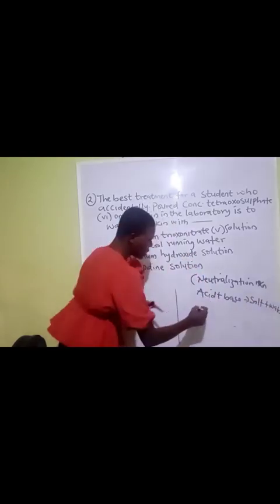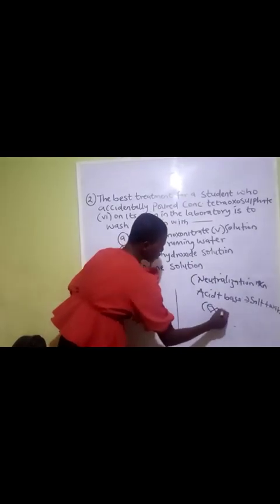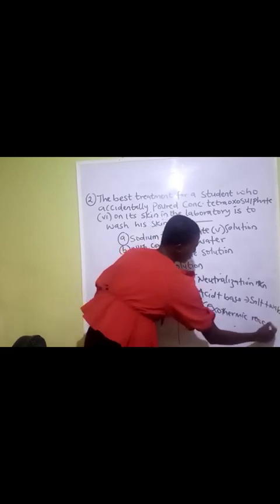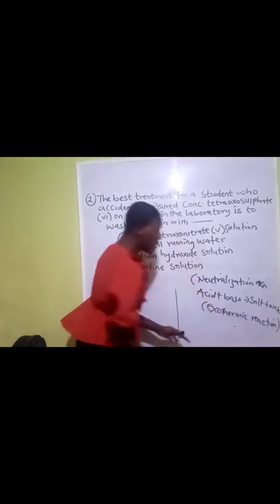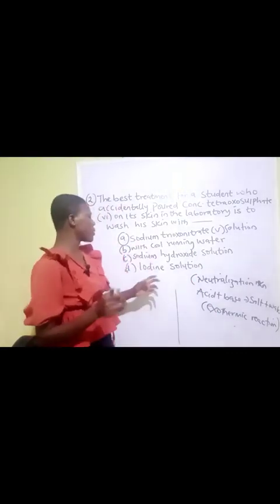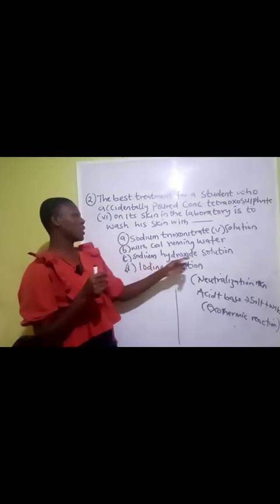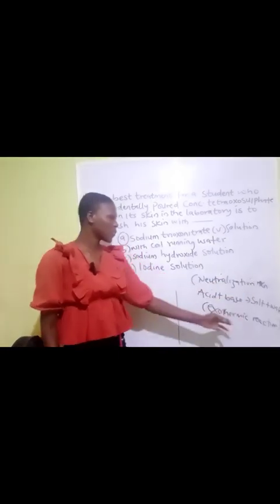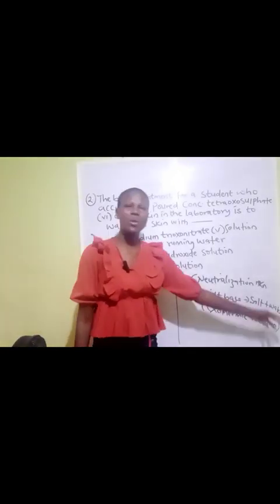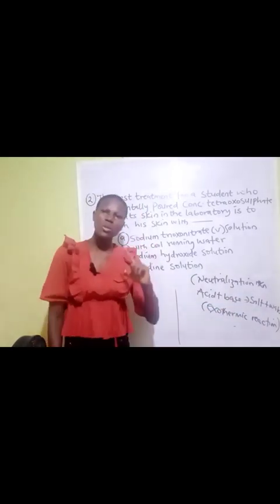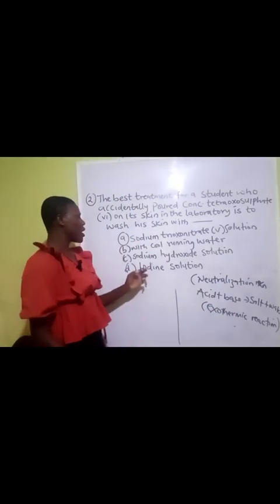And this reaction is an exothermic reaction. In an exothermic reaction, heat is produced. So imagine you telling him, please use sodium hydroxide solution on your body. It's going to cause a neutralization reaction, whereby acid and base react to give salt and water, and heat is now produced extensively. So that is not advisable for him to use.